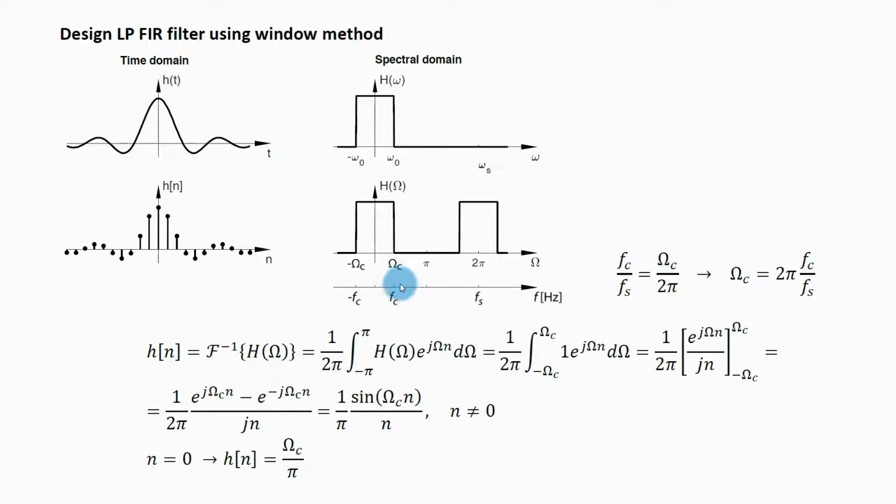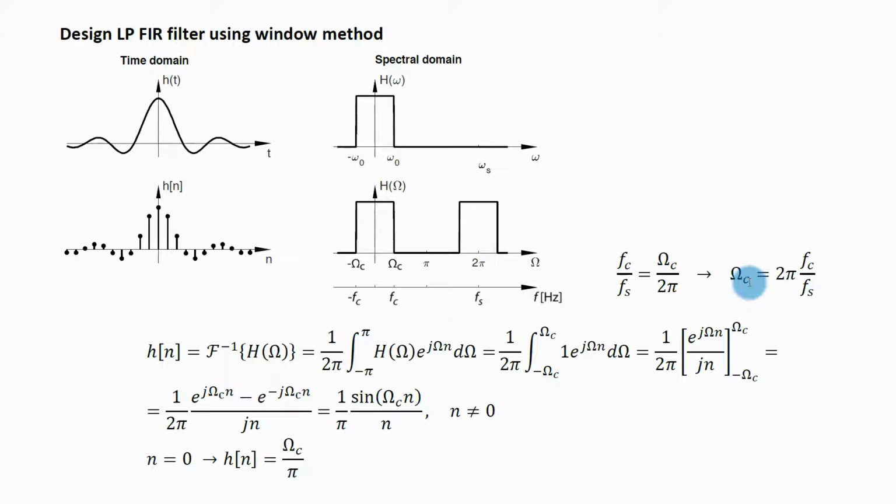So how do I do that? Well, we have done this before. The corner frequency in Hertz divided by the sampling frequency must be the same as the normalized corner frequency divided by 2π. So from here you get this expression for the corner frequency.